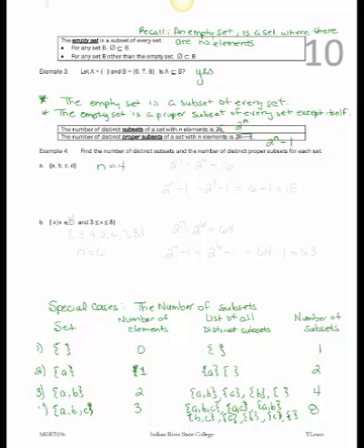That totals to 4. So let's find the distinct subsets. We're using 2 to the n. Let's plug 4 in for the variable n. So 2 to the 4. We have 16 distinct subsets. You can draw these out. A, B, C, D.